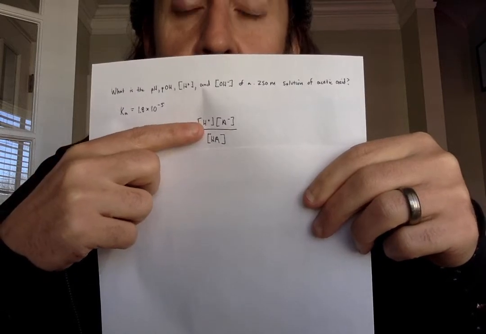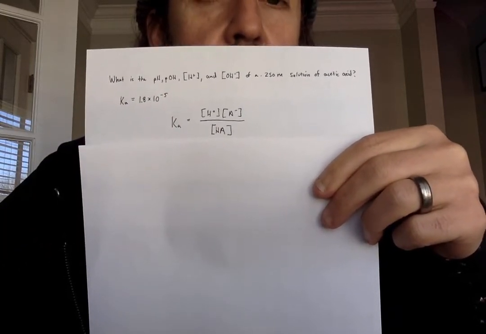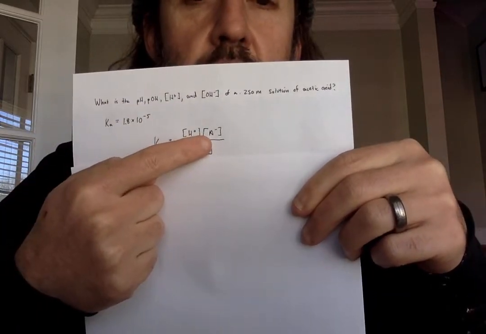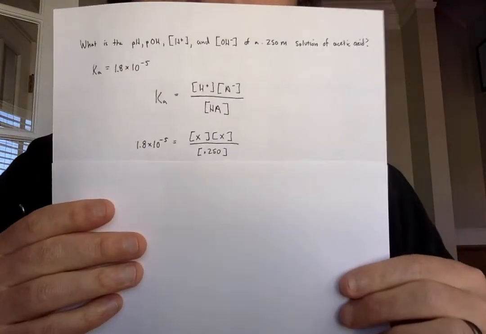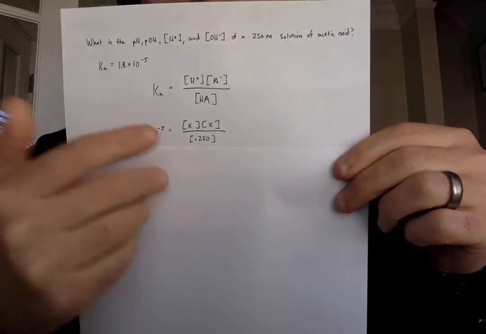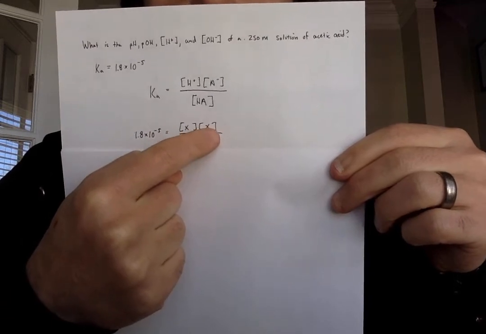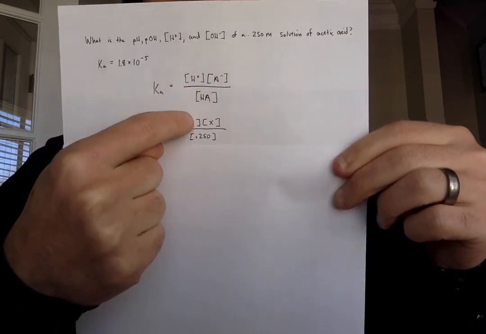And that would be your hydronium ion, because remember, acids don't act as acids unless you dissolve them in water, and the conjugate base. So I can just plug in here like this, and I get 1.8 times 10 to the negative fifth, and you'll see that I put x and x, because for every one hydronium, I also get one of the conjugate base.